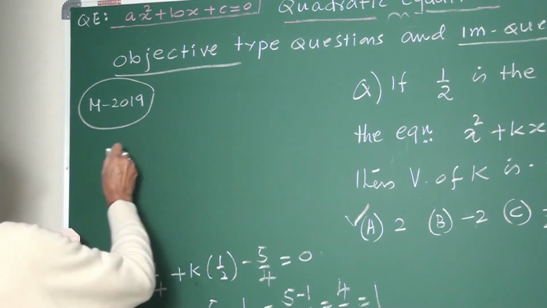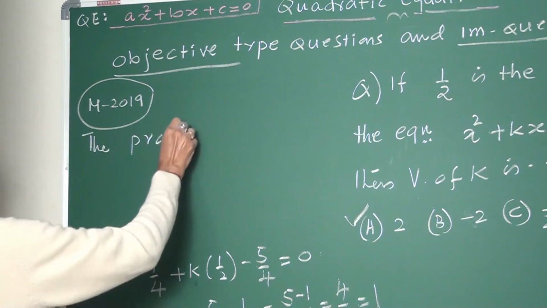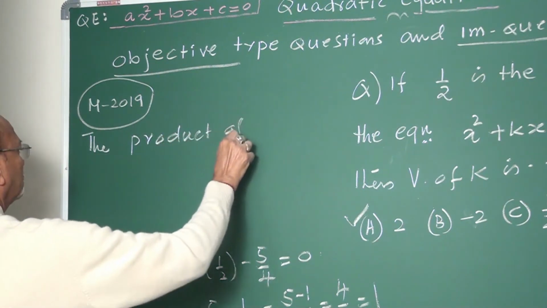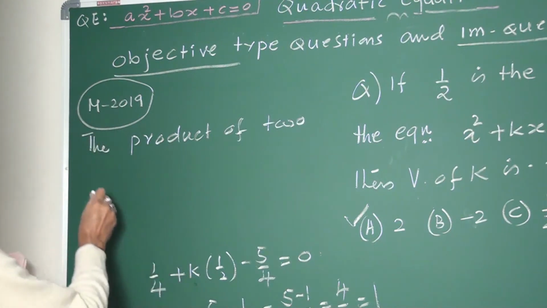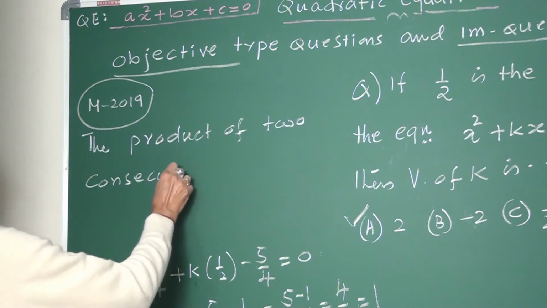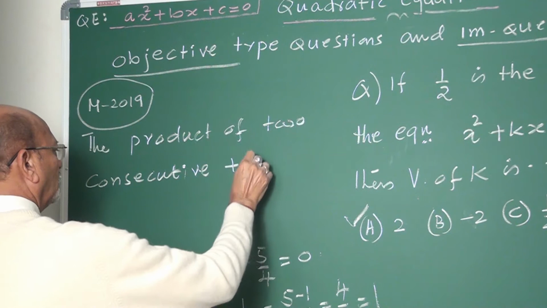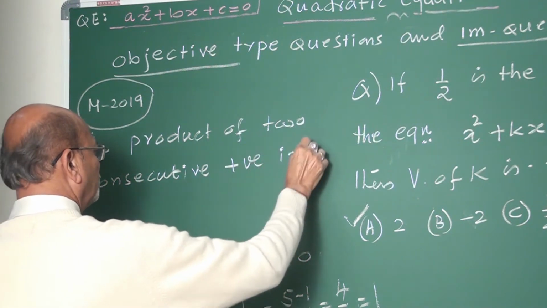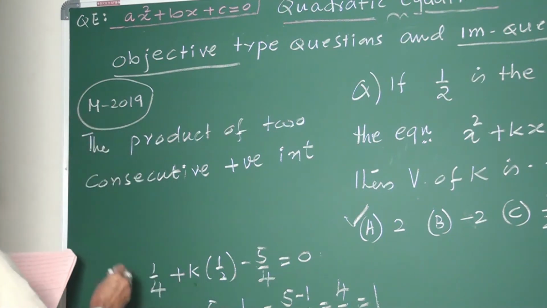The product of two consecutive positive integers is 30.